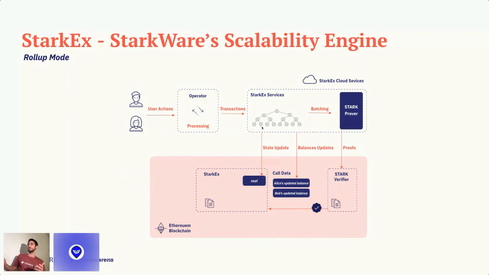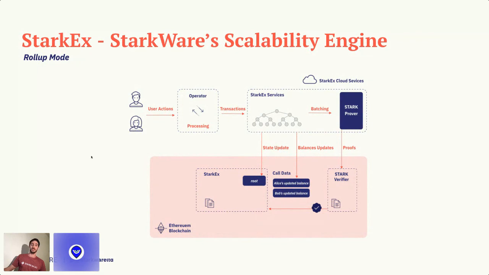Now, how do we make sure that those state updates are correct? We also generate proofs attesting to the validity of those state updates. Whenever a state is updated in a StarkX system, a proof attesting to the validity of this state is also submitted to the chain. And so every state is always final.